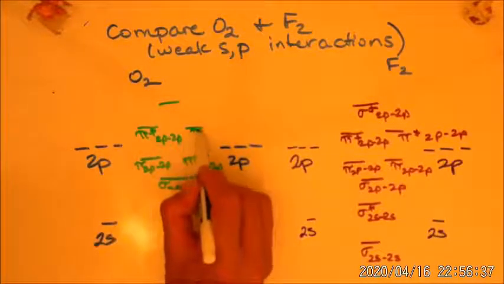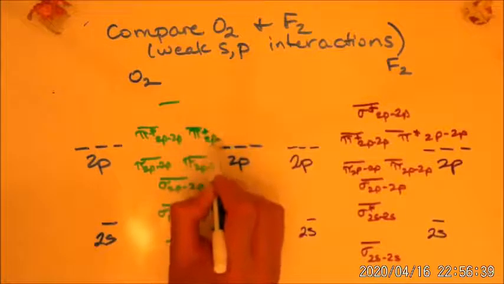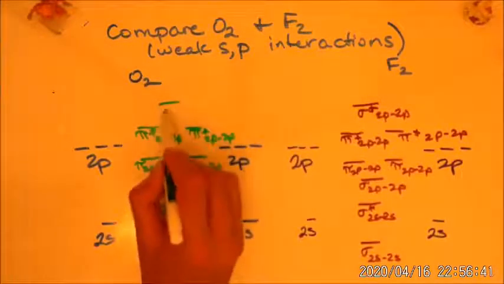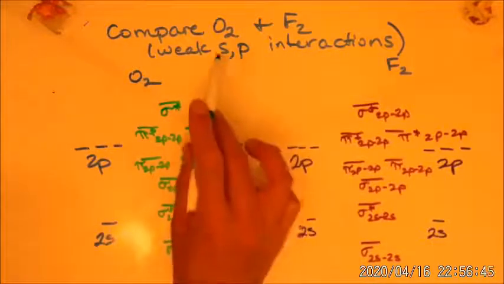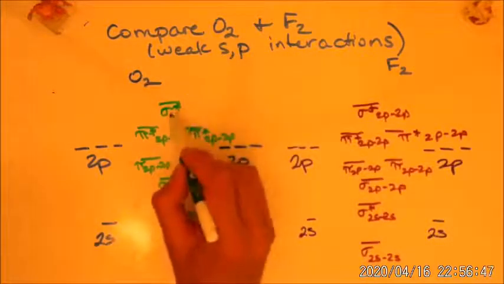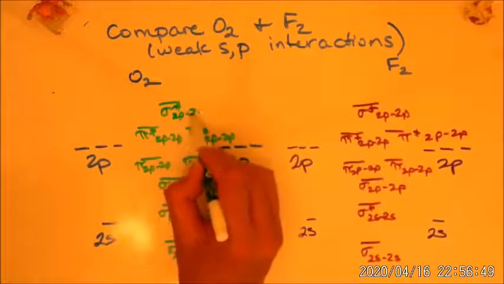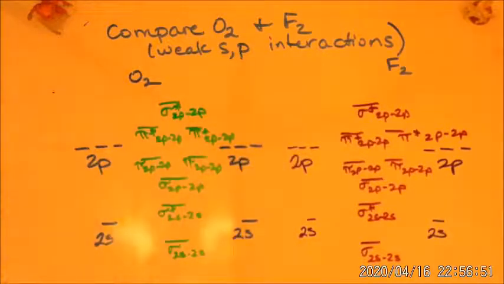And they look exactly the same because they're both part of the group that only has weak sp interactions, right? Versus when we compared boron and oxygen, one had strong sp interactions and one was weak.